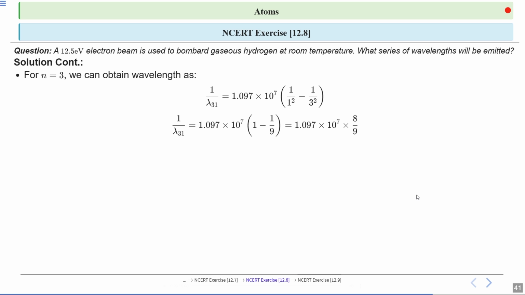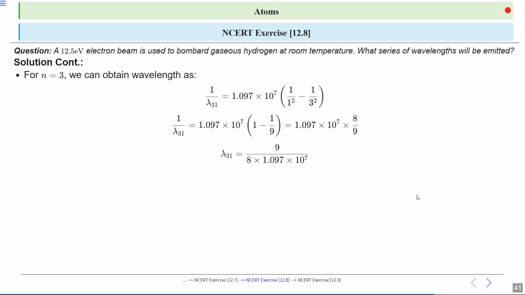Let's simplify the expression inside the parenthesis. 1 minus 1 upon 9 gives us 8 by 9. So the equation becomes 1 upon lambda 31 equals 1.097 multiplied by 10 to the power 7 times 8 by 9. This step shows how the difference in energy levels affects the wavelength produced. Now we solve for lambda, the wavelength.